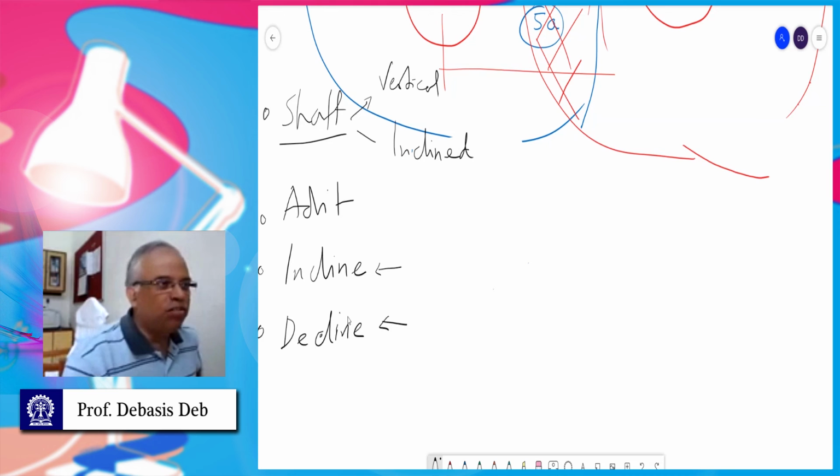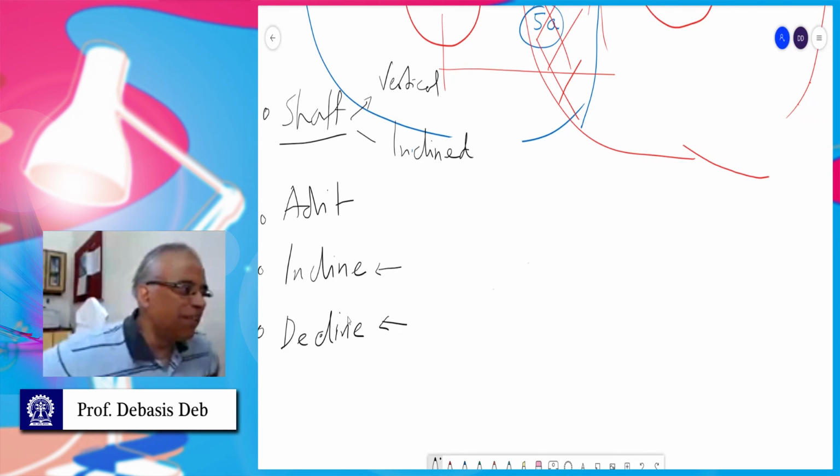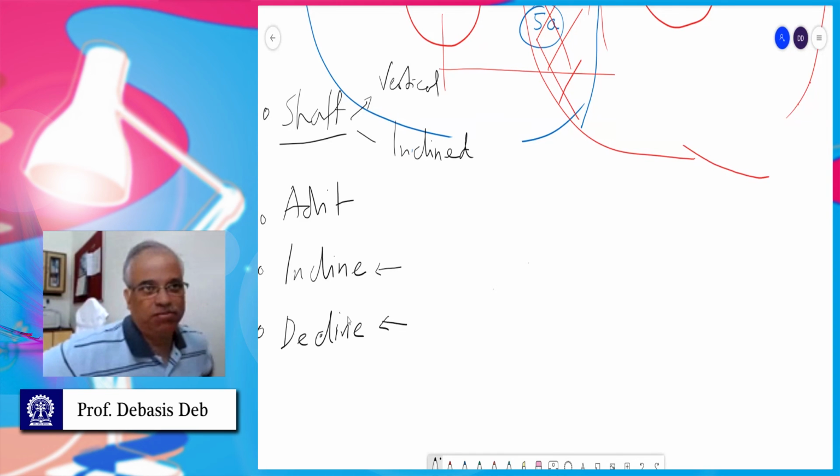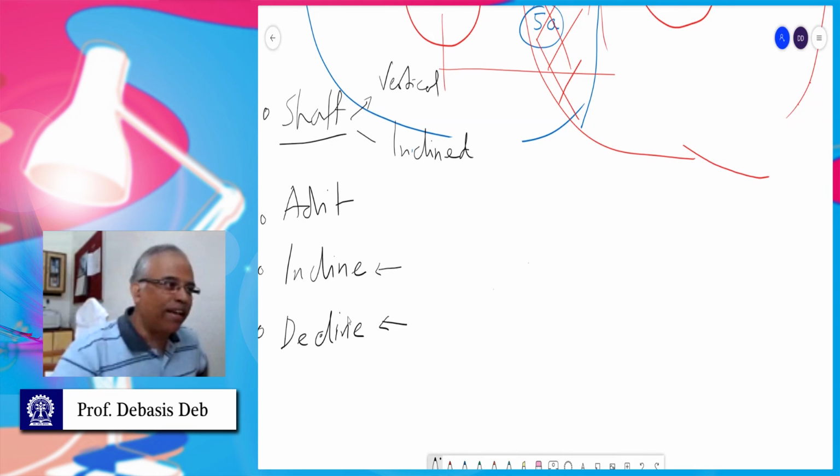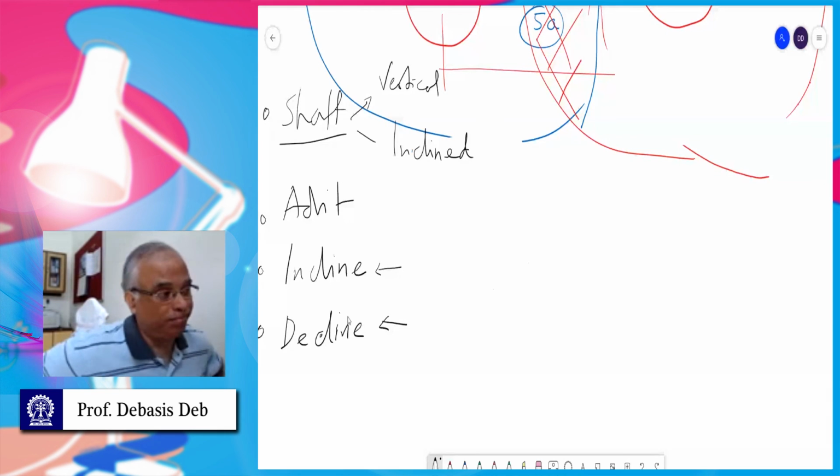You go up to some floor and then you turn almost 180 degrees. That is another vertical plane. Then you turn again, that becomes another vertical plane. This is basically the decline. When you cannot draw it in one vertical plane, that becomes a decline.